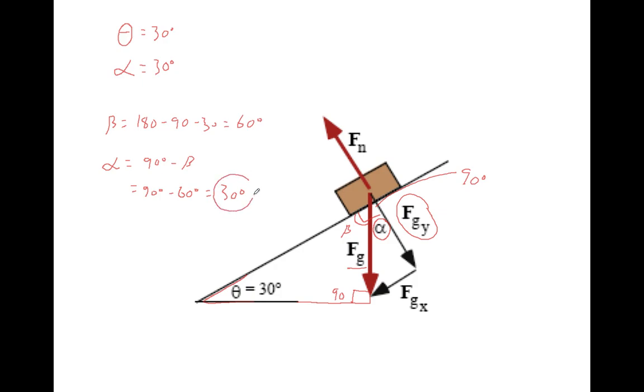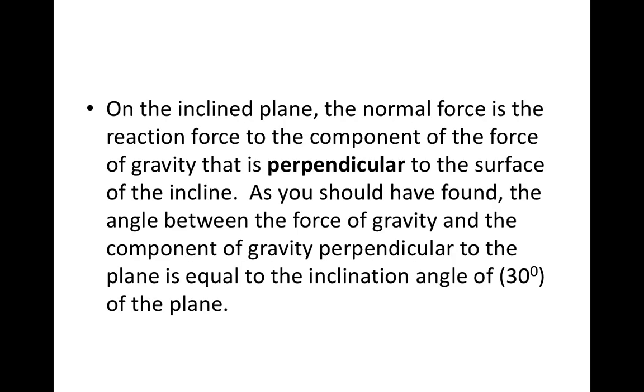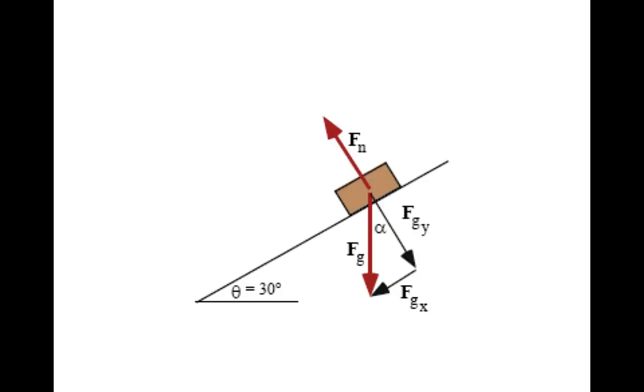There may be an easier way to solve that. It's not coming to mind right now. This might be a little bit more complicated than it needs to be, but that's one way to solve it. There's a couple of ways to look at it, and if you found a different way and it works, that's great. So theta equals 30 degrees, or alpha rather, alpha equals 30 degrees.